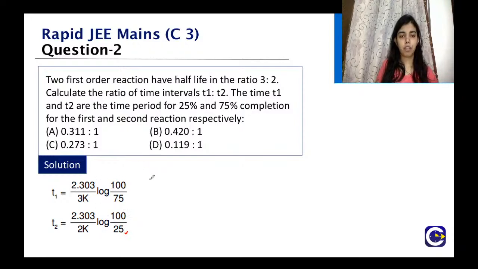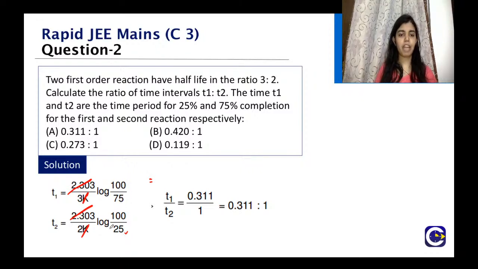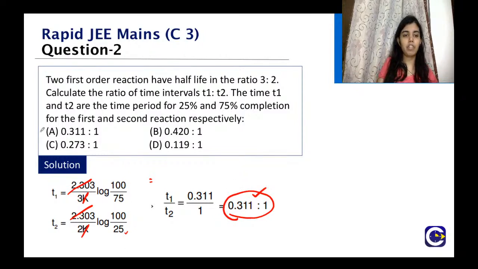When you divide the both, 2.303 gets cancelled, K and K gets cancelled. Find out the value of log 100 by 75, find out the value of log 100 by 25. And when you divide the two expressions, you will get the answer as 0.311 ratio 1. Okay, so the answer for this particular reaction is A.